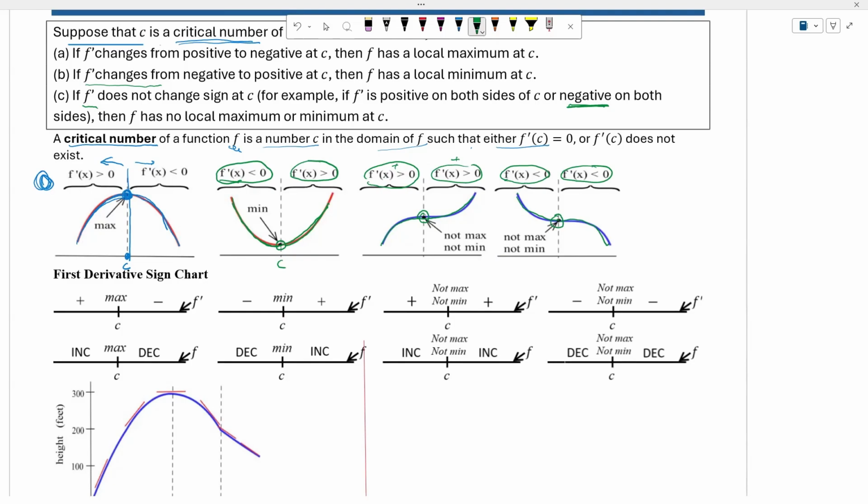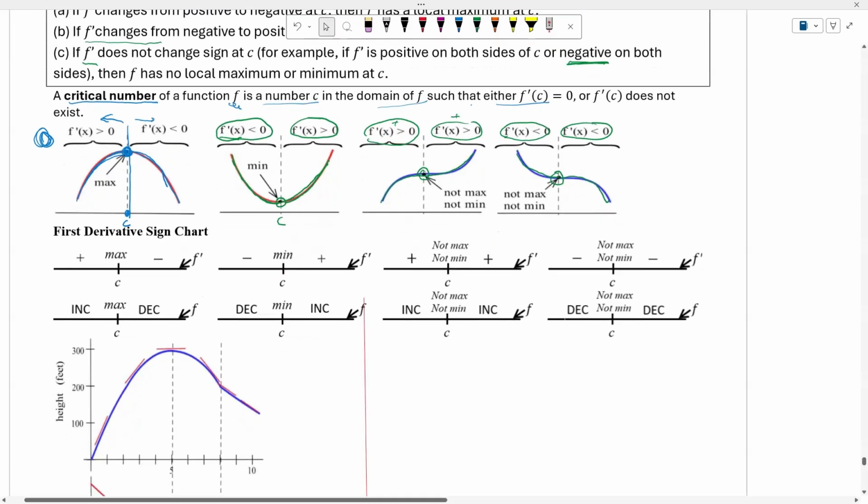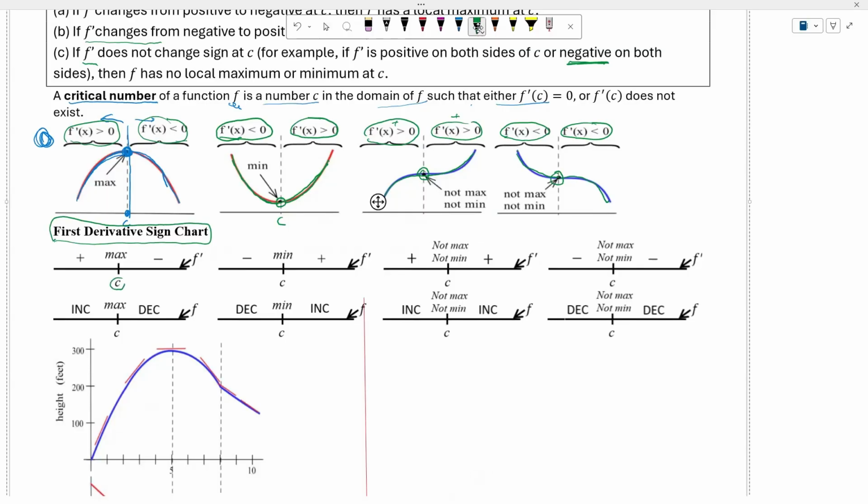Now, based on these, f prime positive or negative, we can work with what we call the first derivative test. Remember, f prime of c is either equal to 0 or undefined, does not exist. This is a critical number.